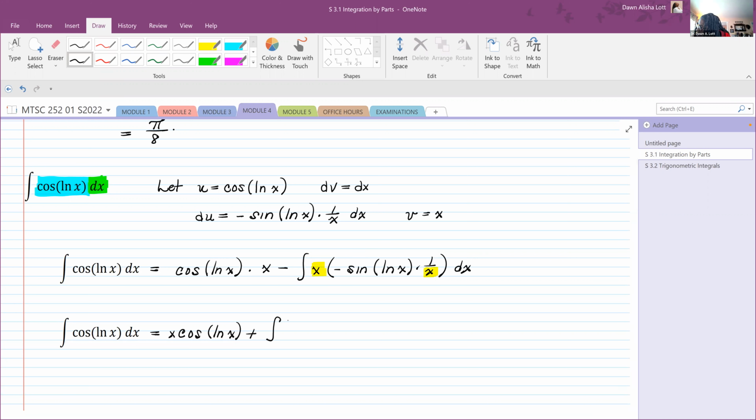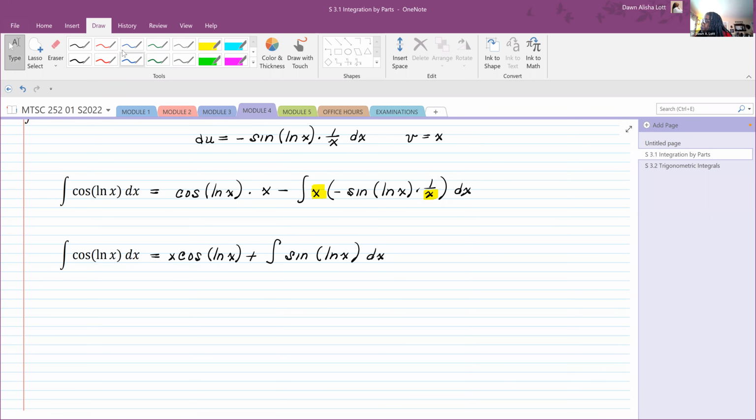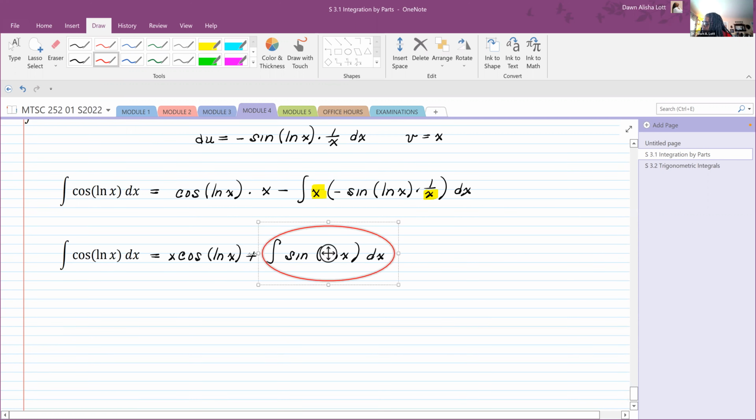So I just get the integral of the sine of the natural log of x dx. So, cat chasing its tail. Why? Because I started with a problem with cosine looking like this, and now I ended up with a problem with the sine. So now I have a new problem to do.